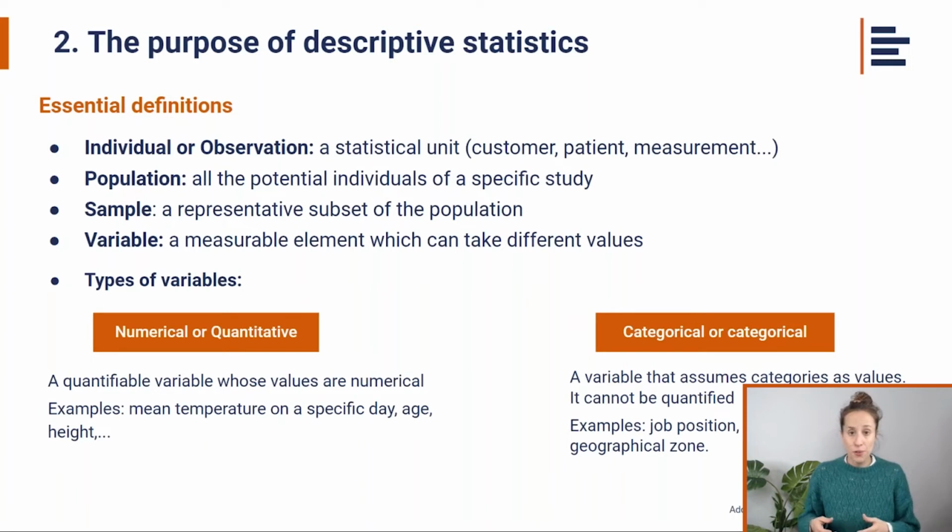And we will also use qualitative, also called categorical variables, which can be nominal or ordinal. This type of variable assumes categories as values, and it cannot be quantified like age, weight, and so on. Examples of categorical variables are a job position, gender, eye color, and geographical zone.